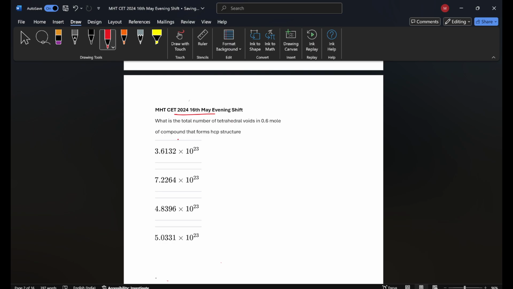The question is, what is the total number of tetrahedral voids in 0.6 mole of a compound that forms an HCP structure? A typical MHT CET question where they are asking us the total number of tetrahedral voids. So what is the formula? Number of tetrahedral voids is 2 into B. And what is B?